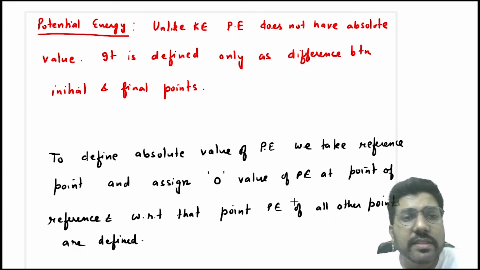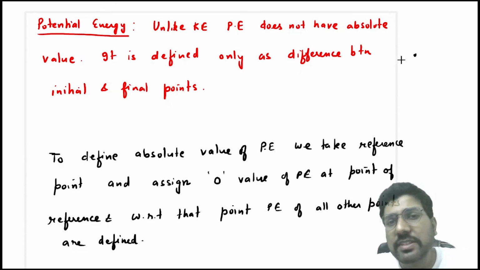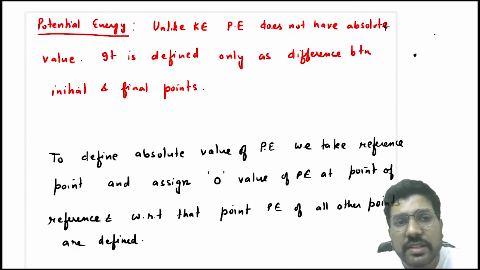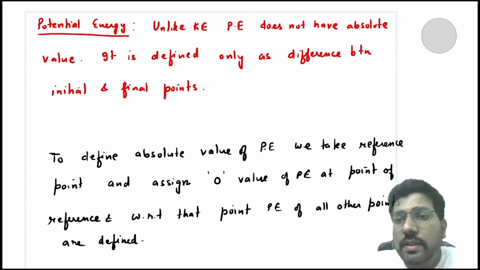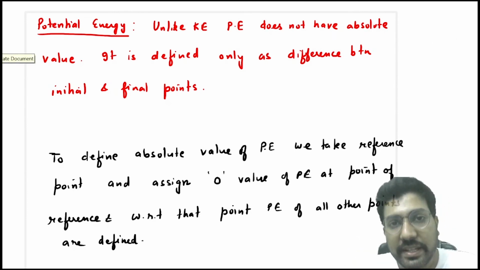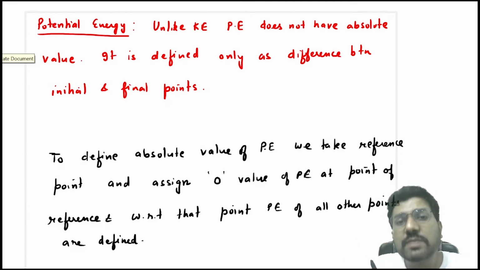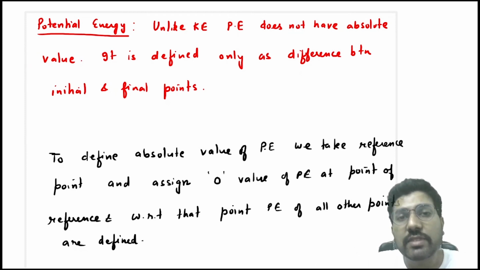In a system, depending on the choice of reference, a point can have any potential energy. So the absolute value of potential energy is actually not defined. Potential energy is always defined as a difference between two positions. The potential energy difference is always defined, but the absolute value is not.